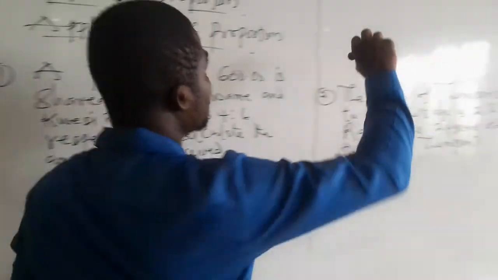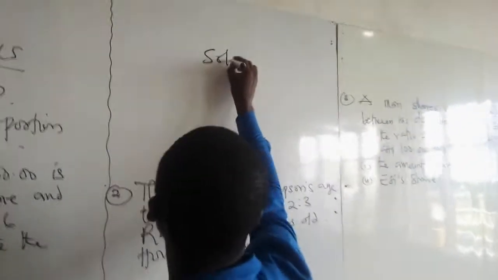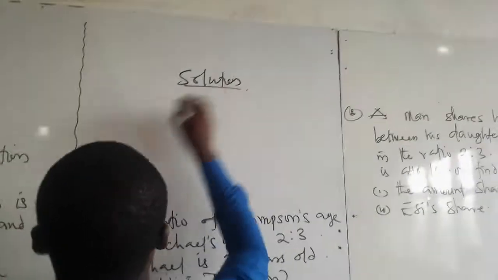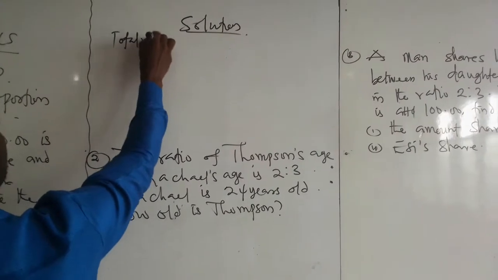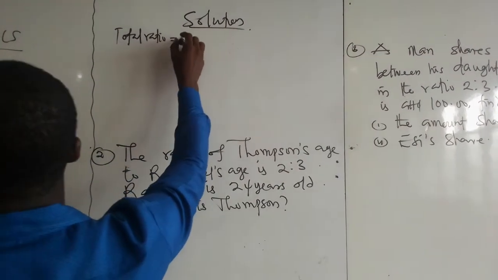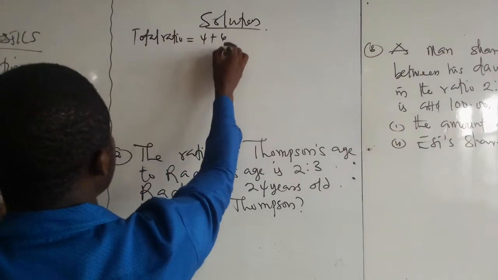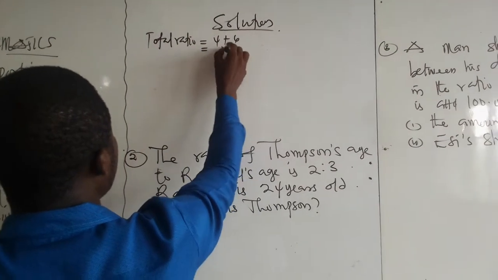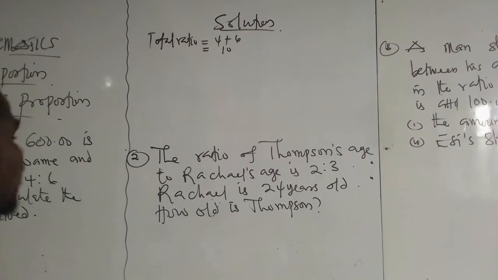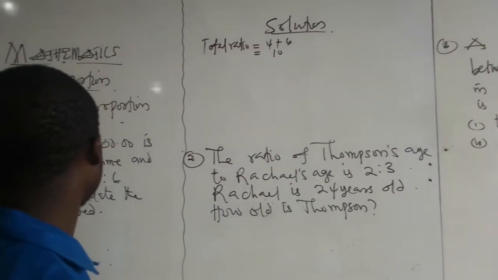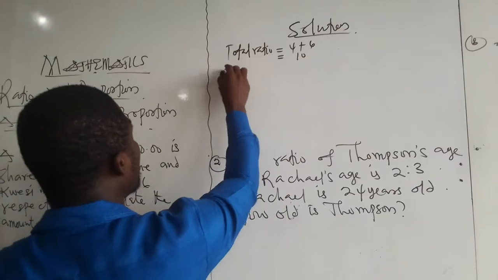So that's our solution here. First of all, we have to find the total ratio. So total ratio is equal to 4 plus 6. That will give us 10. Good. So we are going to look for Kwame's share.